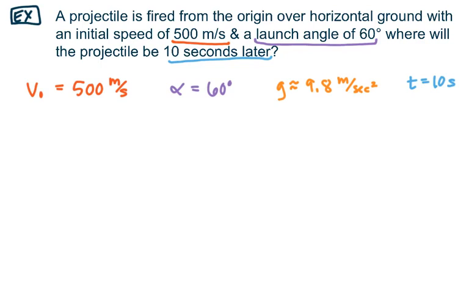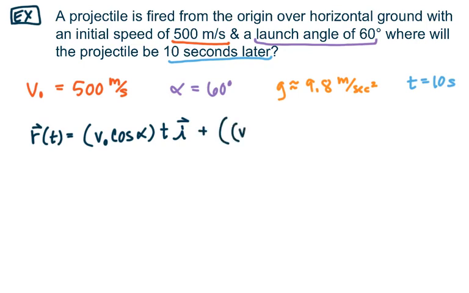All right, as we just defined, our r of t vector is the speed times cosine of the launch angle times time t times your vector i, plus v naught sine alpha t minus 1/2 gt squared, and that would be times your vector j.